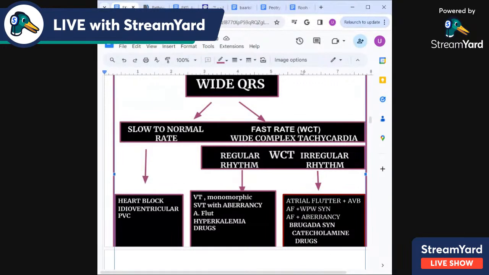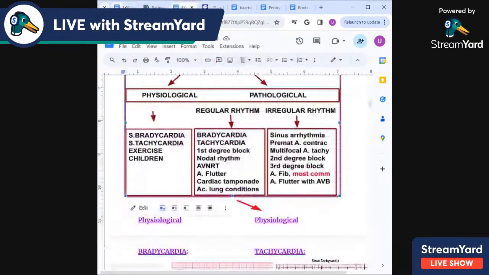Let's see, narrow QRS here: physiological and pathological causes, bradycardia, tachycardia. In the regular rhythm narrow QRS, we have bradycardia, tachycardia, first degree block. We discussed all of them.